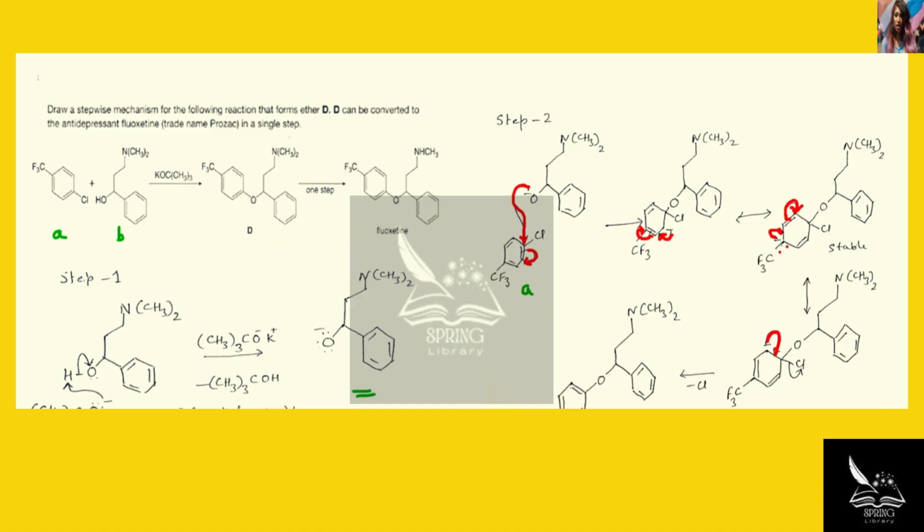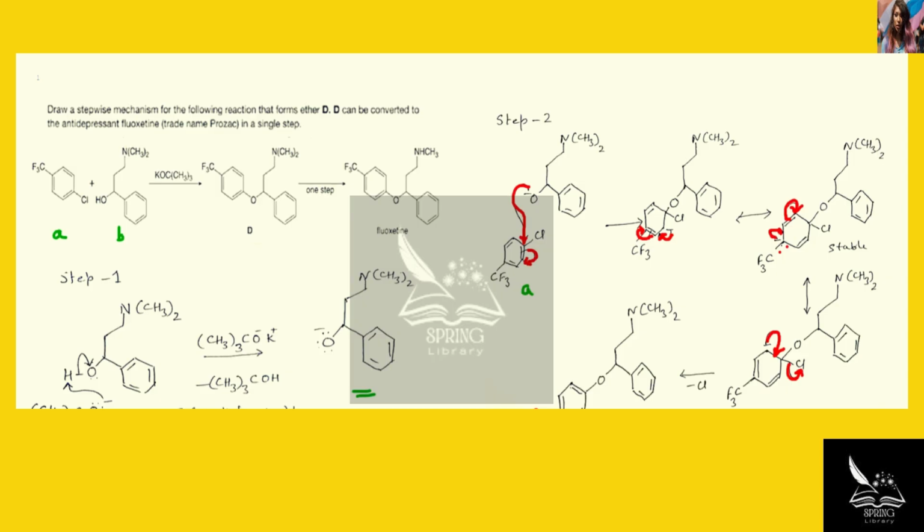is removed as Cl-. Once the chlorine is removed as Cl-, we are getting the whole benzene ring, and the CF3 group will be here. As such, it is not disturbed and we are getting the D compound.